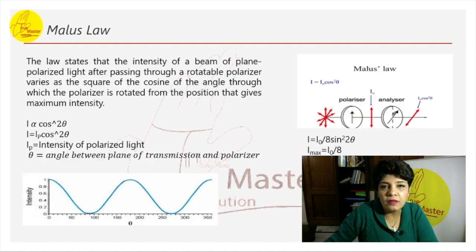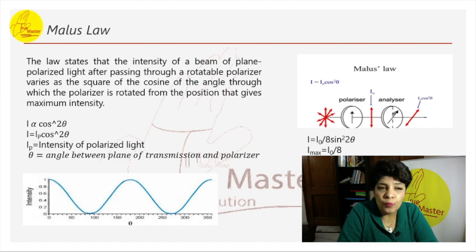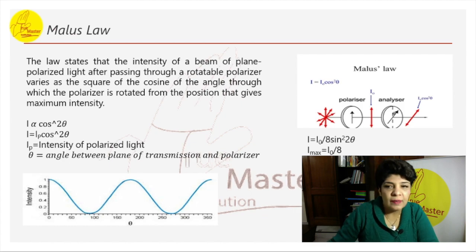Okay, coming further, on to Malus law. This picture has an analyzer which is rotating. When light passes through a polarizer, then through an analyzer, the intensity is proportional to cos square theta. Theta is the angle between the transmission direction of the polarizer and the analyzer.